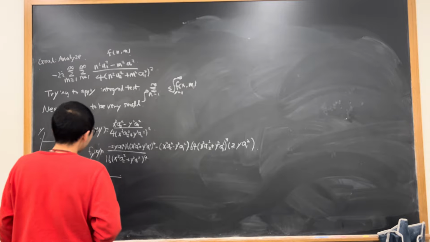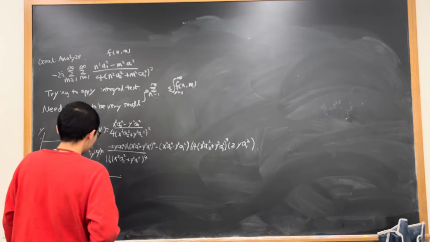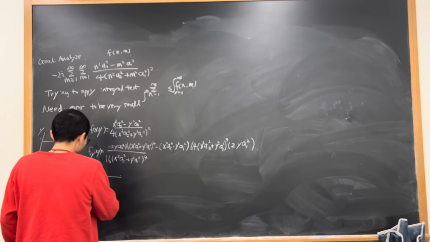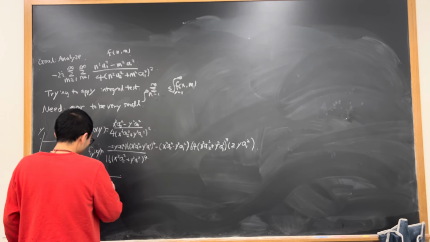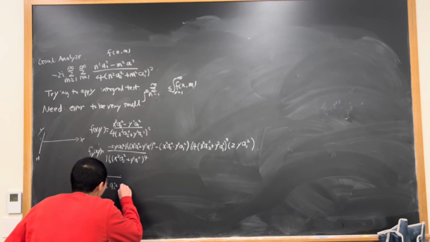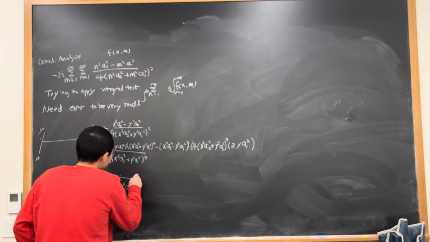And a1, a2 are not equal to 0 either. So therefore you have 16 times x squared a2 squared plus y squared a1 squared to the first power.